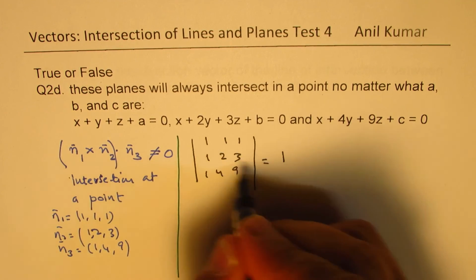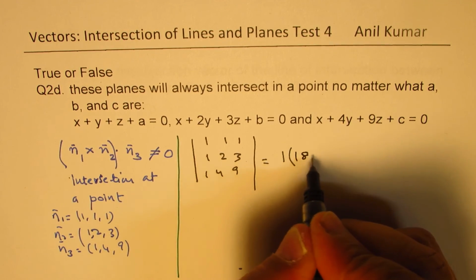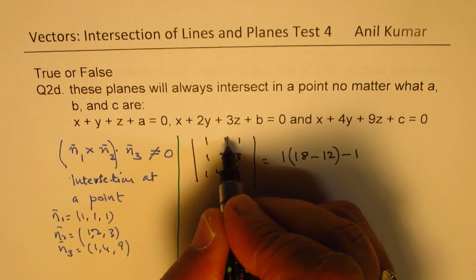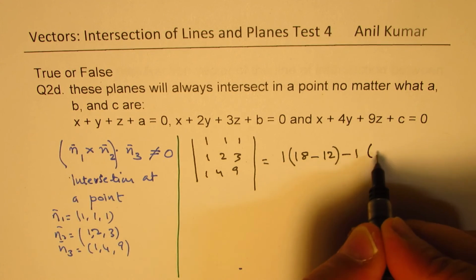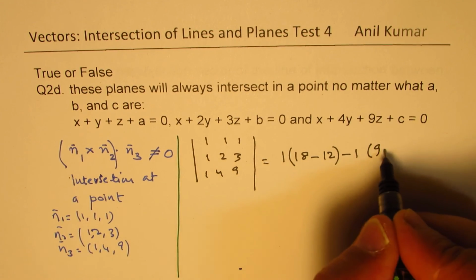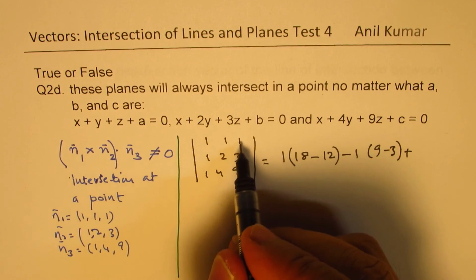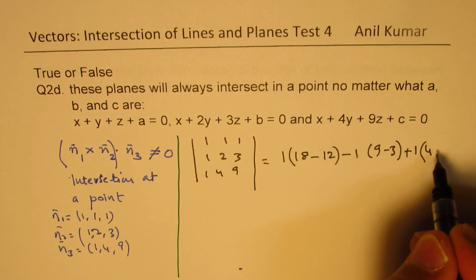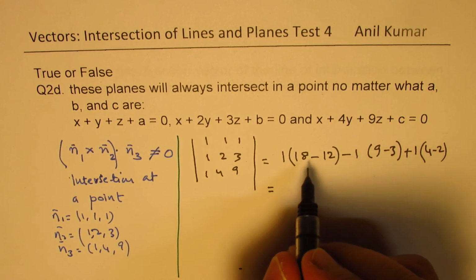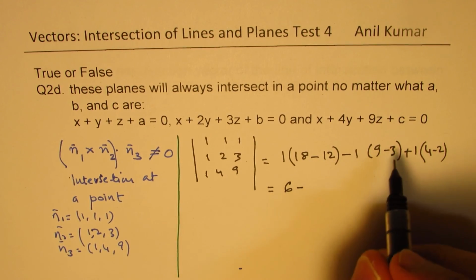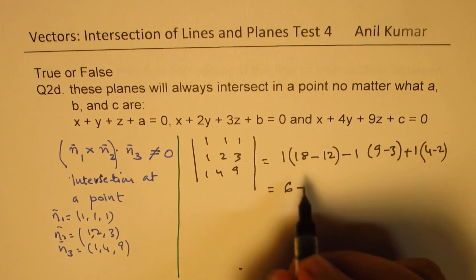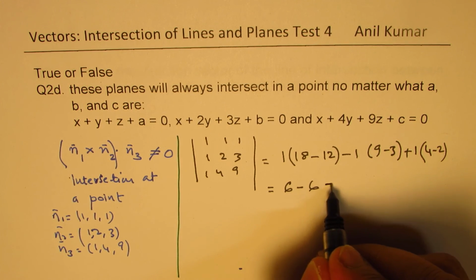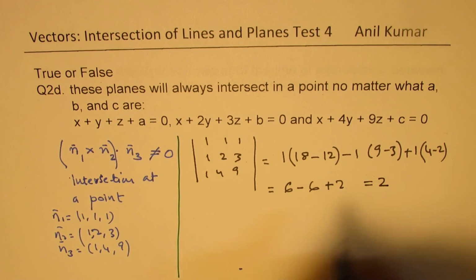So that gives you 1 times 2 times 9 is 18 minus 12, minus 1 times 9 minus 3, plus 1 times 4 minus 2. So that is equal to 18 minus 12 is 6, this is 6 minus 6, right? And this is 4 minus 2, which is equal to plus 2, right? So this is equal to 2.